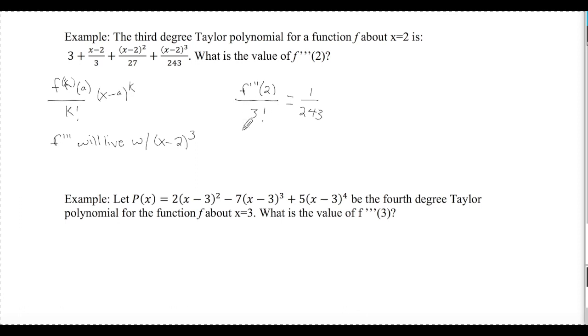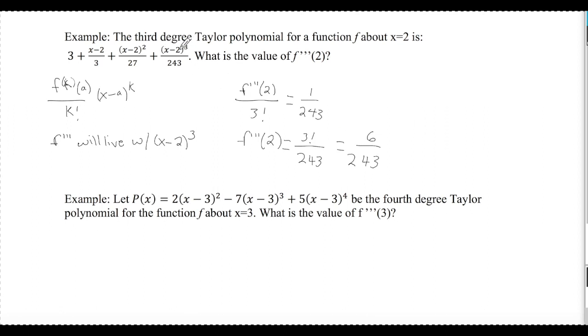That means my third derivative of 2 is, multiplying 3 factorial to the other side, 3 factorial over 243, which is 6 over 243, and I can simplify that if I want to. All right, there is my third derivative.